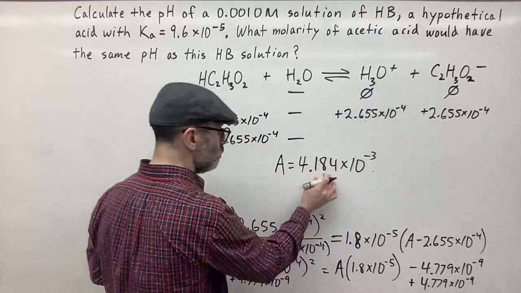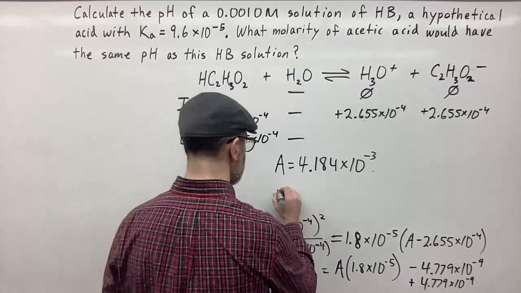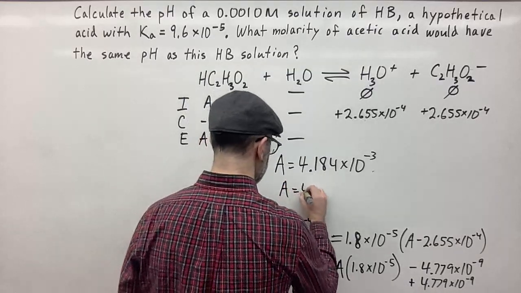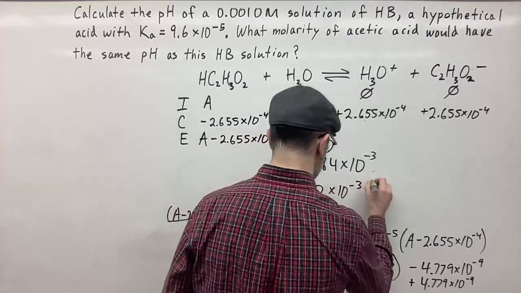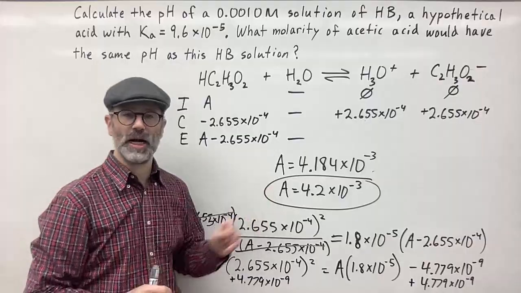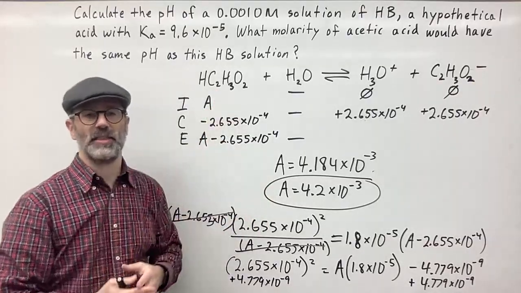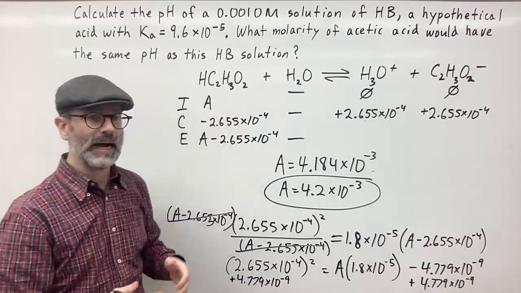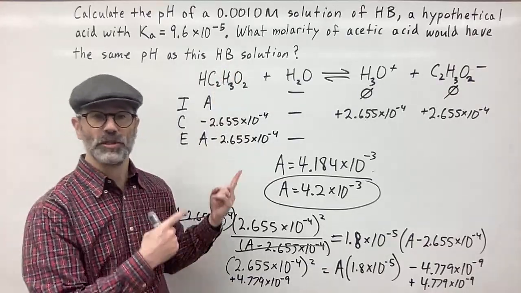Round to 2 sig figs, so then A is going to be equal to 4.2 times 10 to the negative 3. That would be the initial concentration of the acetic acid that would give us the same pH as the pH of HB solution that we calculated for the first part.